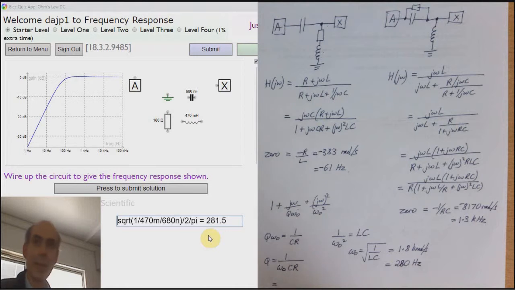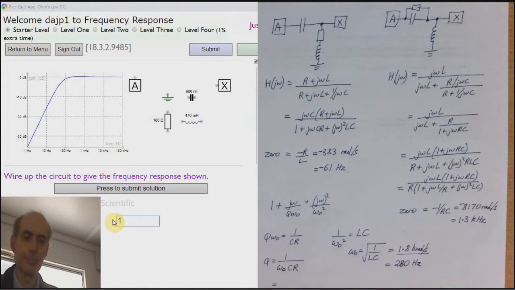And we can work that out immediately because we know what omega naught is. We've just worked it out, 1.8 kiloradians per second, times the capacitance, 680 nanofarads, times the resistance, 180. That would give you a, that can't be right. Sorry, 1 divided by all of that lot.